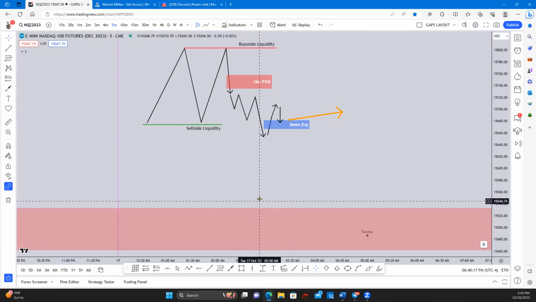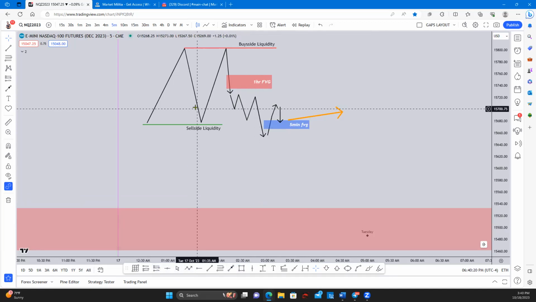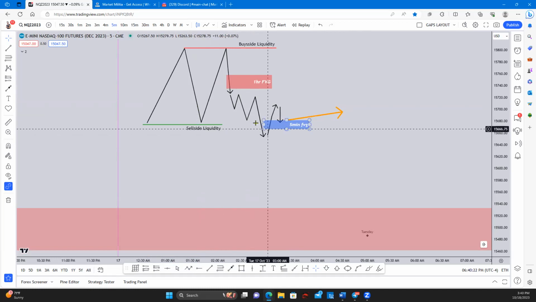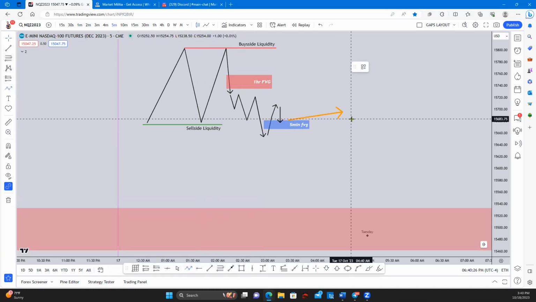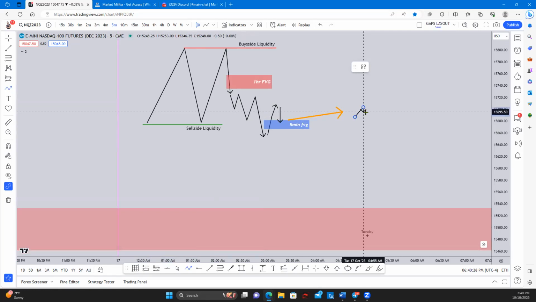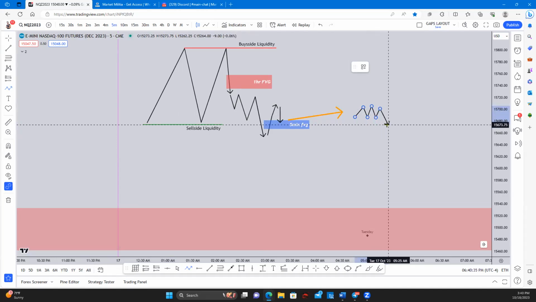We're going to be looking for the same model that just happened inside of the 5 minute. So inside of the 5 minute, we have price coming like this, created some equal lows, sweep of the liquidity.